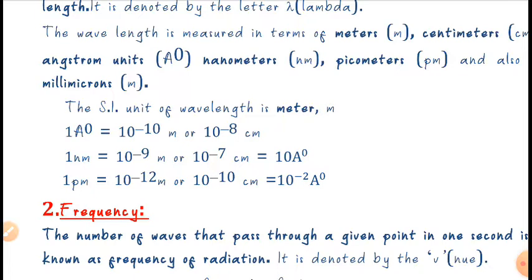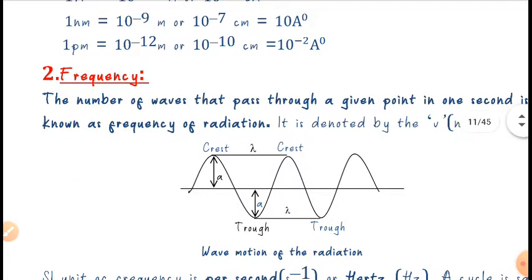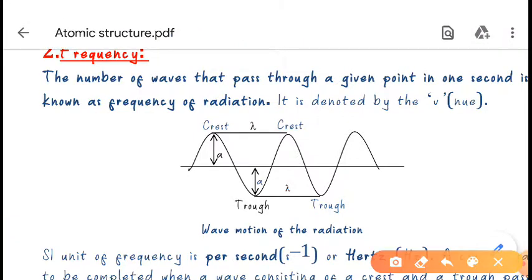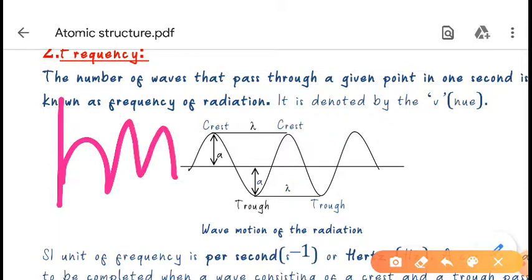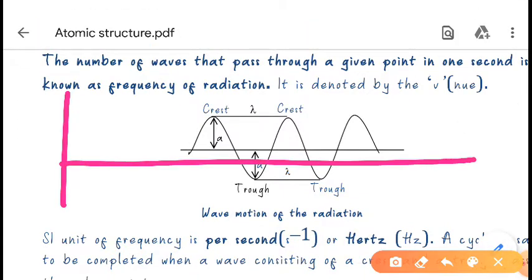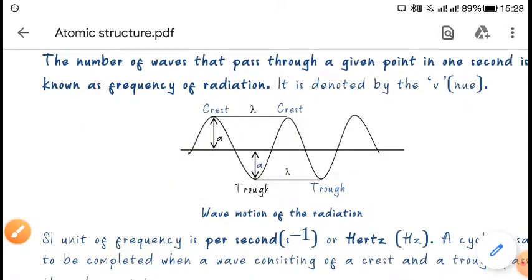Now after this we come to frequency. Frequency is the number of waves which pass through a particular point in 1 second. Suppose this is the point here, and how many waves pass through it in 1 second is the frequency.